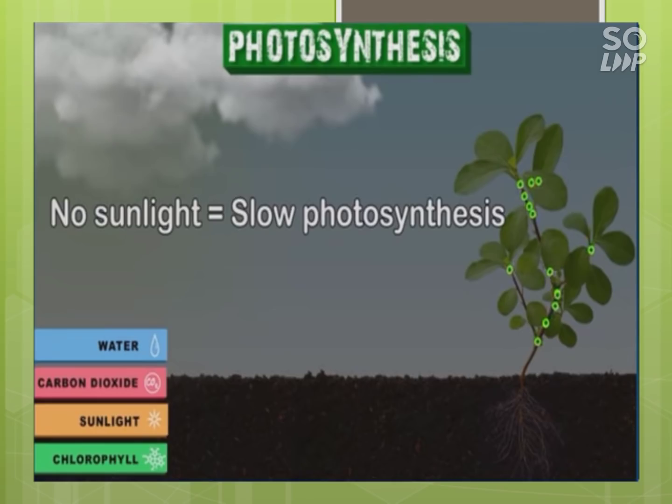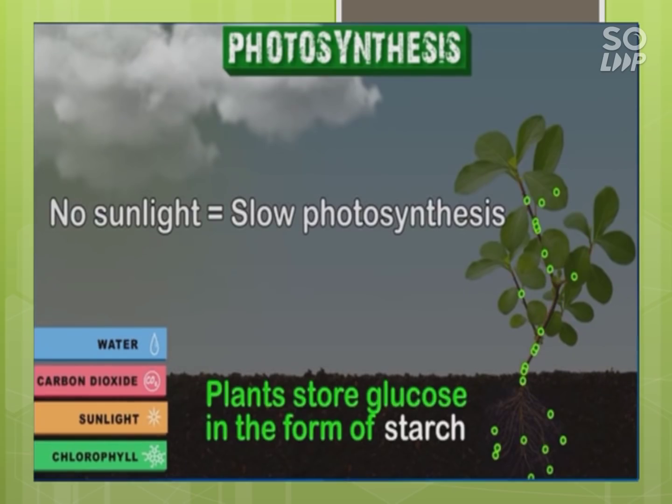Then, how will the plant receive its energy? Without sunlight, the rate of photosynthesis will also slow down, right? But did you know plants are smart living beings? They store the glucose in the form of starch.